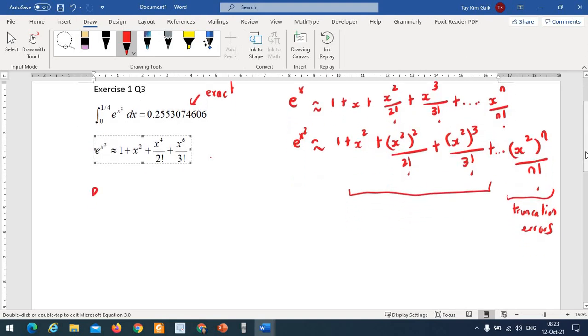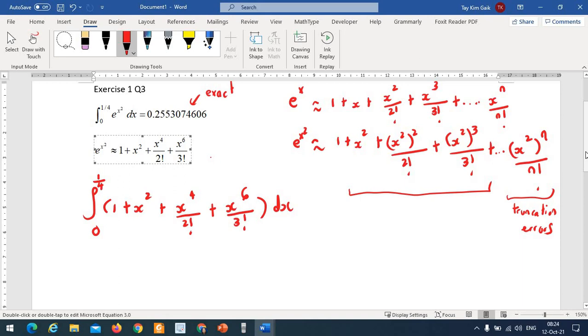And now you just replace the exponent x squared by 1 plus x squared plus x power 4 divided by 2 factorial plus x power 6 divided by 3 factorial, and then dx from 0 to 1 over 4.